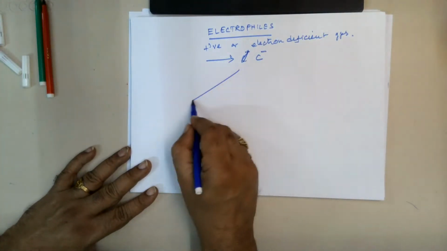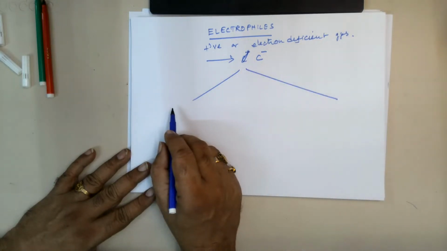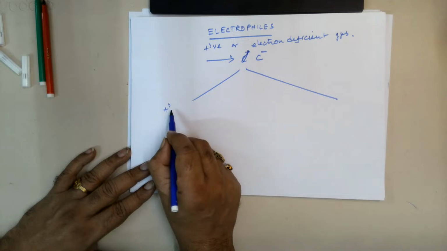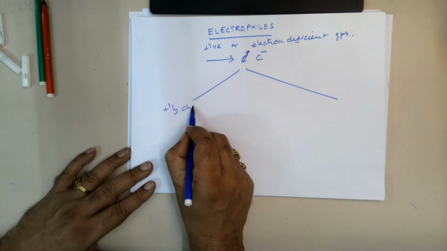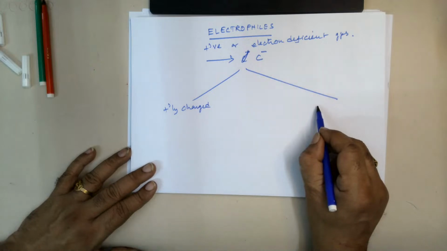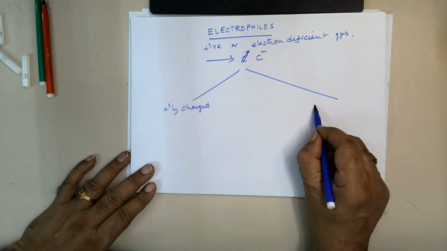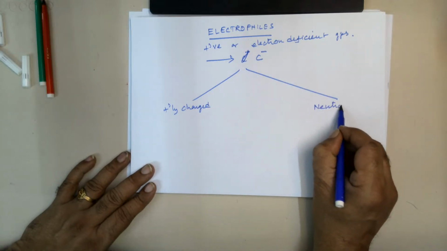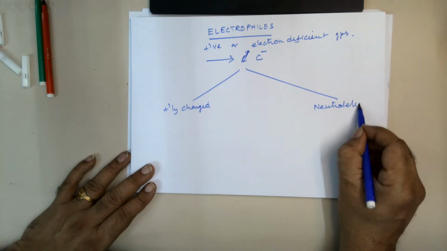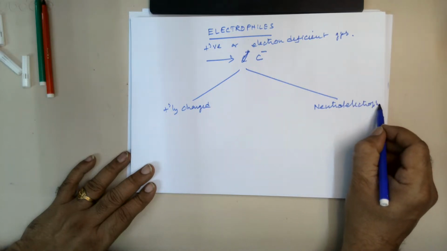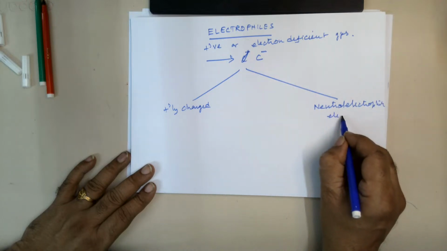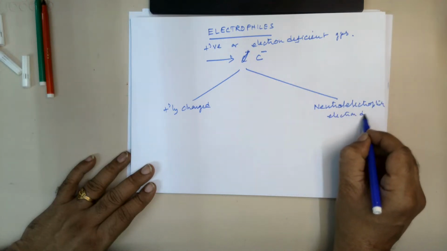Now let us have the two types. One is positively charged electrophiles. Another is neutral electrophiles, with electron deficiency.